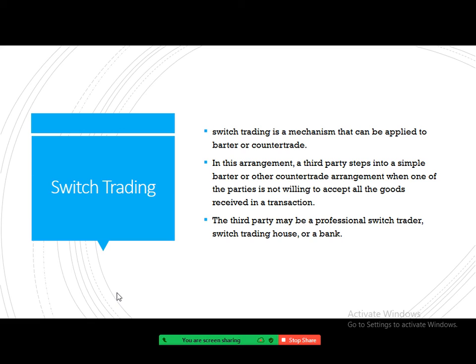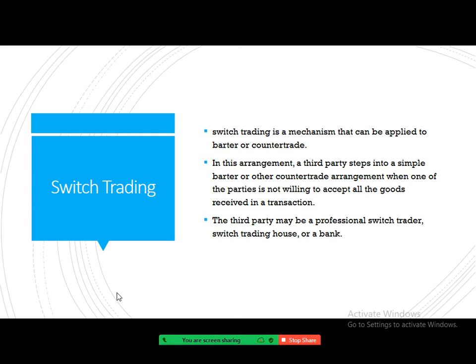Last is switch trading. It is also called triangular trade or swap. It is a mechanism that can be applied to barter or counter trade. In this arrangement, a third party steps into a simple barter or other counter trade arrangement when one of the parties is not willing to accept all the goods received in the transaction.